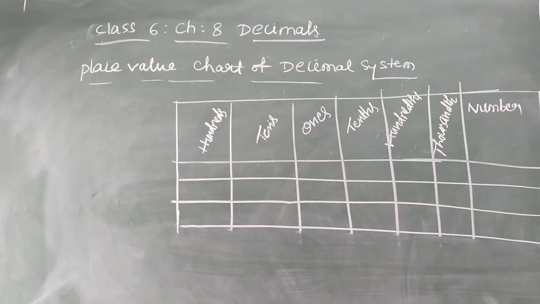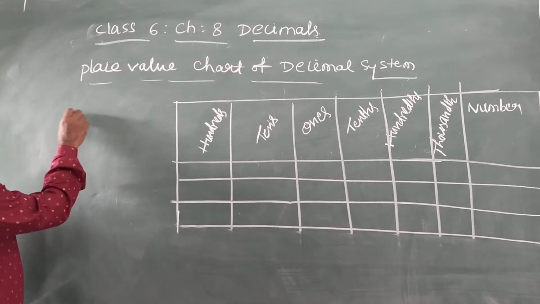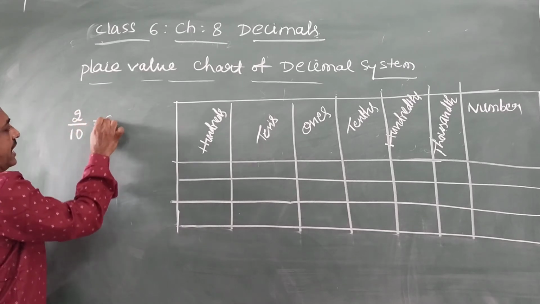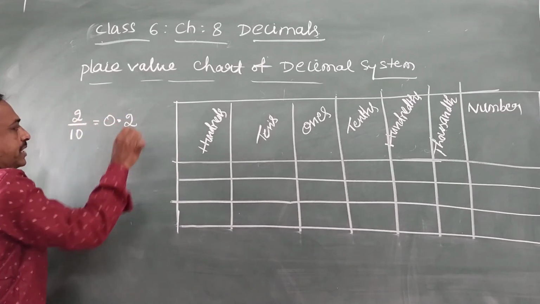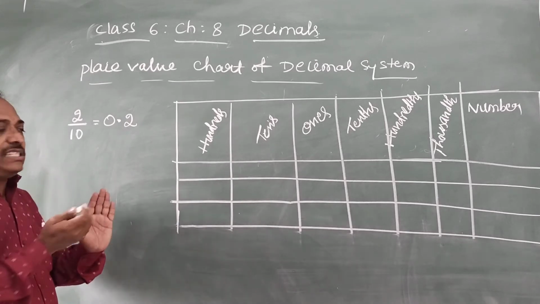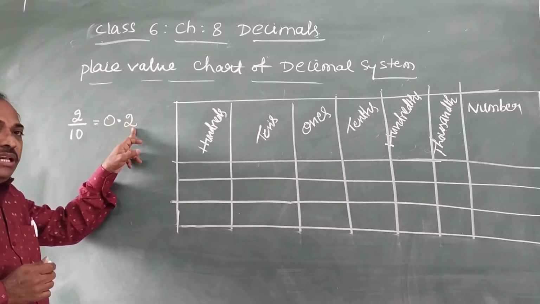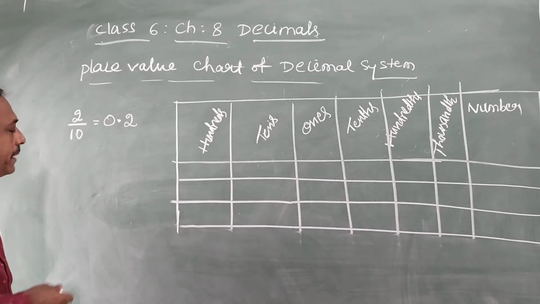Let us see how to represent this in a place value chart. So 2 by 10 we write as 0.2. After the whole number part comes the decimal point, and then the decimal part.